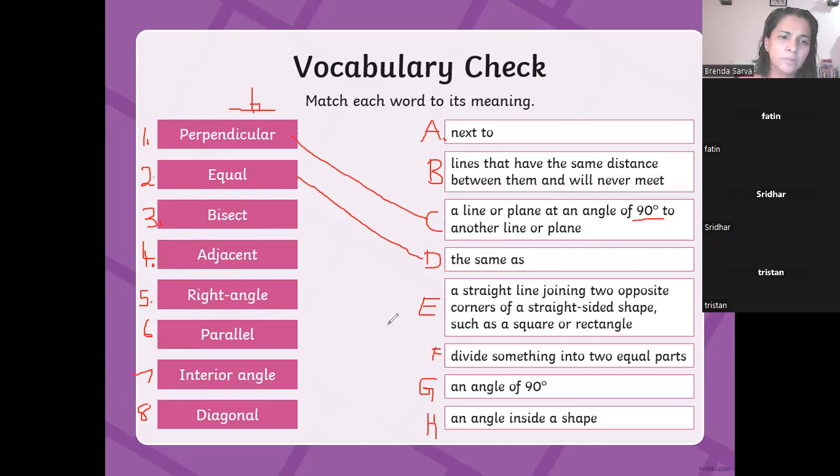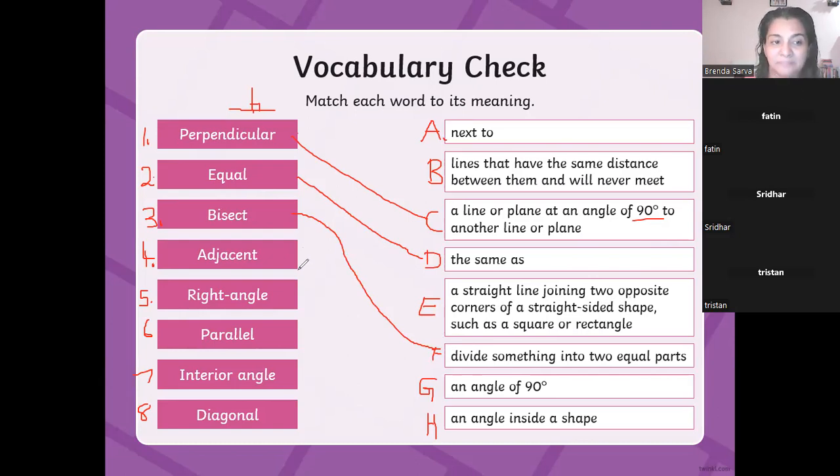Do you think so? That is no. Okay, I get it. F. Divide something into 2 equal parts. Tristan says that. Maybe. Okay, 3 going for F. What do you think, the rest of you? F or E? A straight line joining 2 opposite corners. Now, if you draw this out, that's not a bisect. All right, let's go with F.